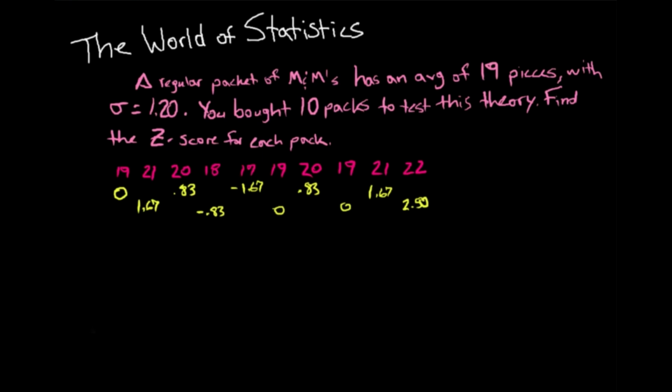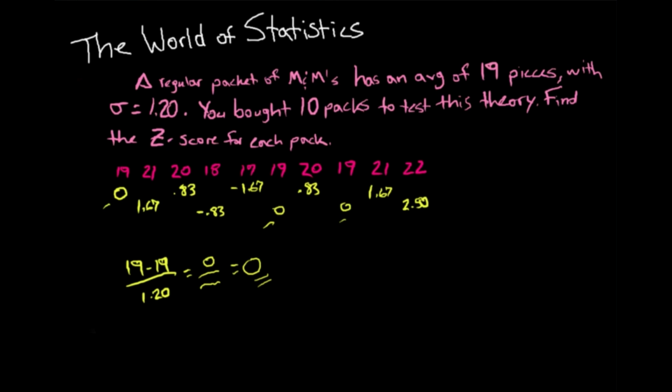After calculating the z-scores for these 10 packs, we see that we have a couple of zeros. In that case, we had 19 minus 19, divided by our standard deviation, but of course 0 divided by anything is equal to 0. That's where you get a z-score of 0, meaning it's right on average.